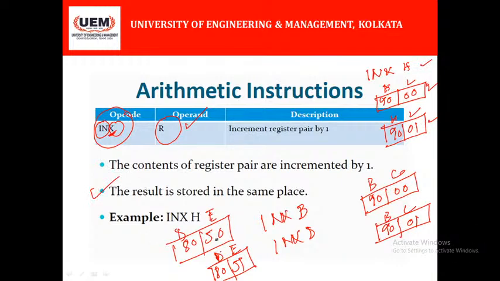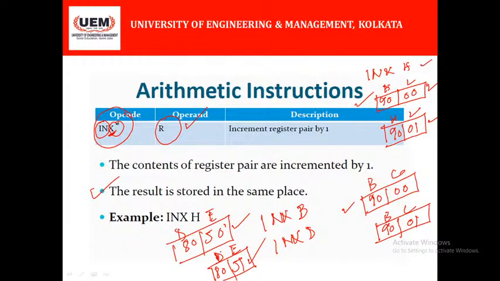Before the operation, the source data is stored in the D register pair. After the operation, the destination data will be stored in the D register pair as well. So the same applies for the BC and HL register pairs.